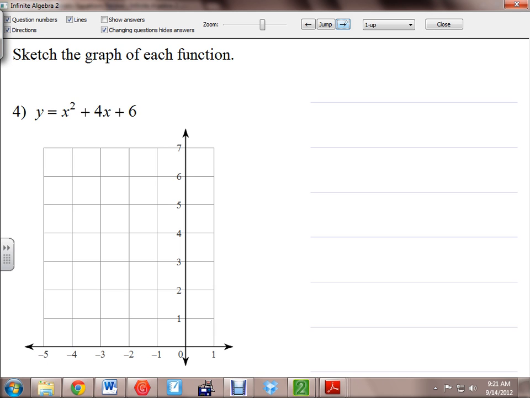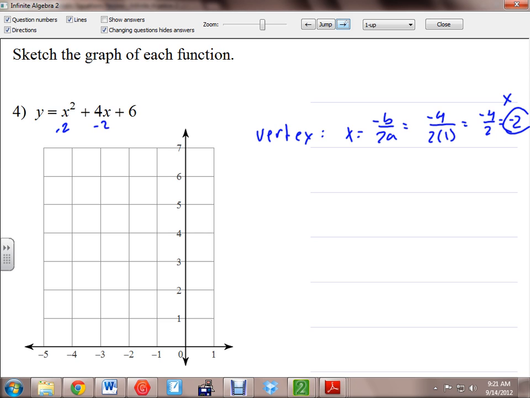We'd have the vertex found by plugging in x equals negative b over 2a, and so the negative version of b would be negative 4 over top of 2 times, again, 1 is a, which would be negative 4 over 2, which is negative 2. That's the x value of the vertex. So I'm going to then need the y value, so I'm going to plug a negative 2 in for x in both cases. Make sure you're paying attention to your parentheses.